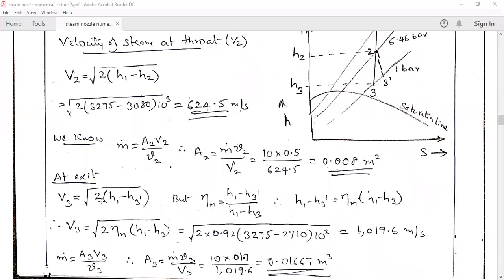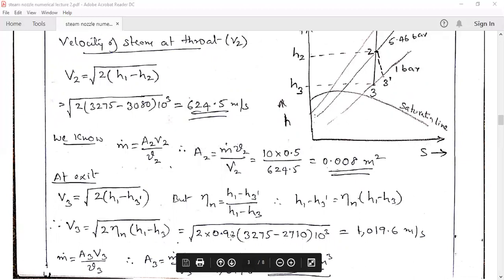Now we'll find the velocity at the exit. That will be the square root of 2 times the actual enthalpy drop, H2 minus H3 dash. But from the nozzle efficiency equation, we know it is the ratio of actual enthalpy drop to isentropic drop. So actual enthalpy drop equals nozzle efficiency times isentropic enthalpy drop.